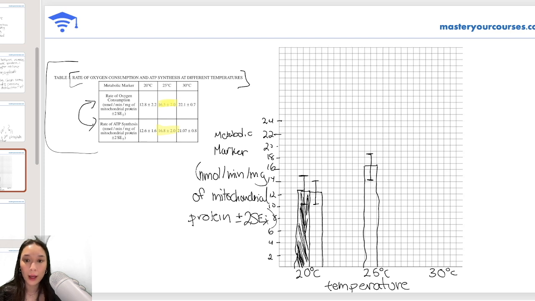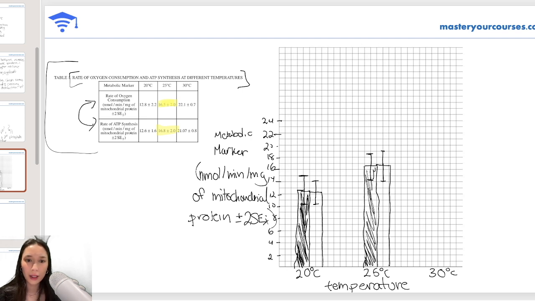And then 16.8, we'll put it slightly higher, and then plus or minus 2 again. And then making sure to color in the one that is for oxygen consumption.